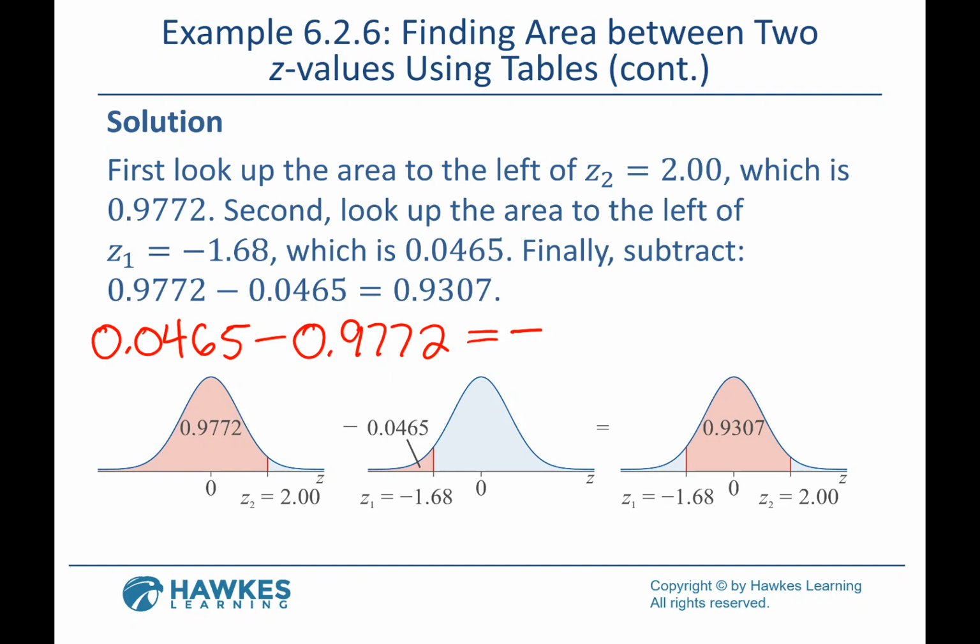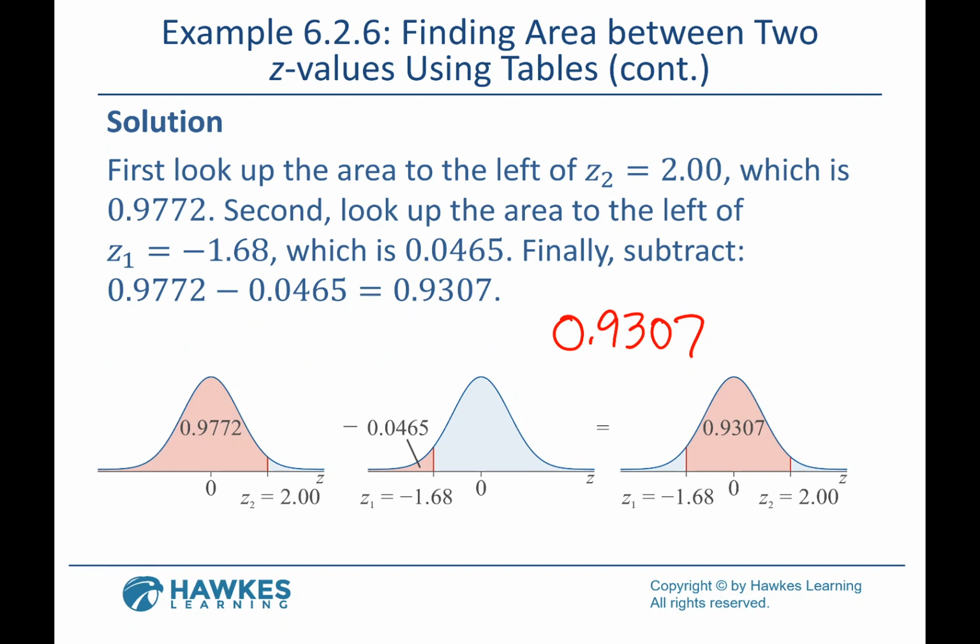What do we get? We get negative 0.9307. So as long as you remember area can't be negative, you don't even have to worry about what order you put them in. You can just put them in and know your answer's got to be positive. So either remember your answer has to be positive, or remember to put the biggest one first. Either way works.